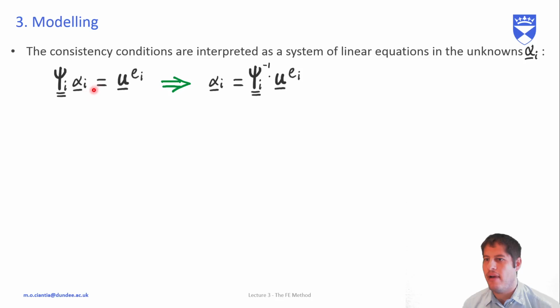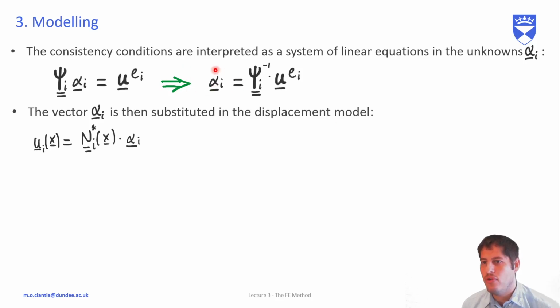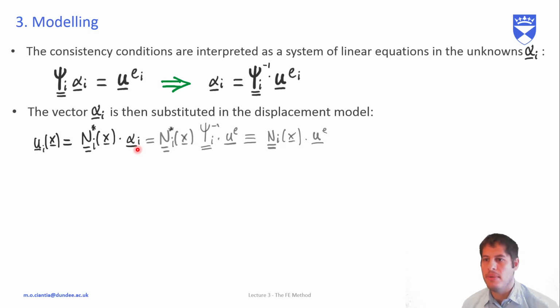So psi I times alpha I is equal to the nodal displacement vector. So alpha I is equal to psi to the minus 1 times the nodal displacement vector: if you multiply psi minus 1 on the left and right hand side, this goes away, so you're left only with that. And in this way, if we substitute alpha I into the original general formulation, you obtain that the shape function is equal to N star times psi to the minus 1, okay?